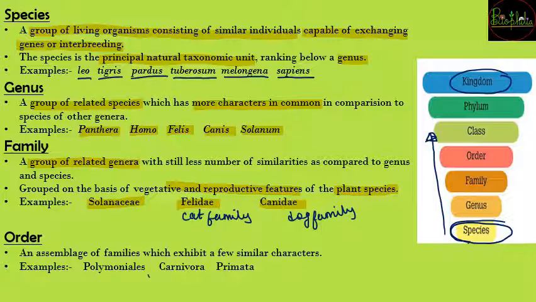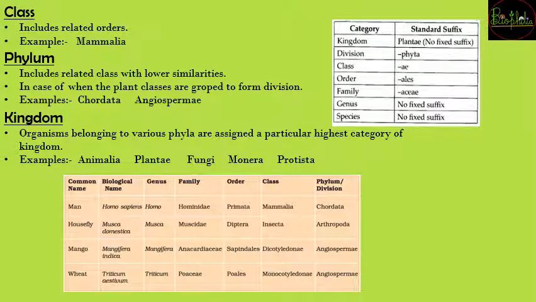Next taxon above family is order. Whenever there is a grouping of families with a few similar characters, that is called an order. Examples of orders are Polymoniales, Carnivora and Primata. Moving on to the next taxon, that is class.